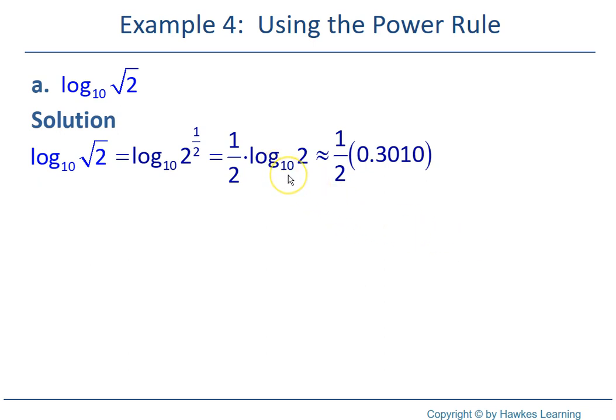Now they've left the 10 there, and you could do that. And then if you were to simplify that, of course you would put in this value, log base 2, and then take 1/2 of it, or divide by 0.5.